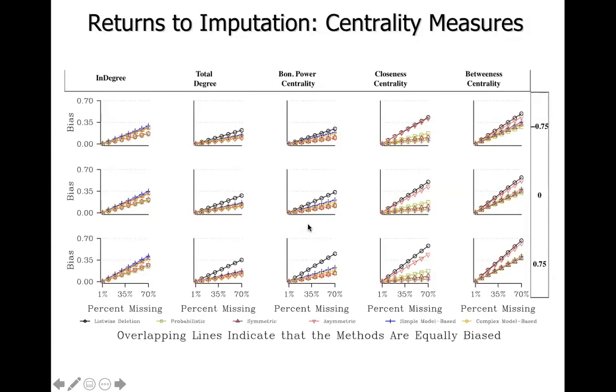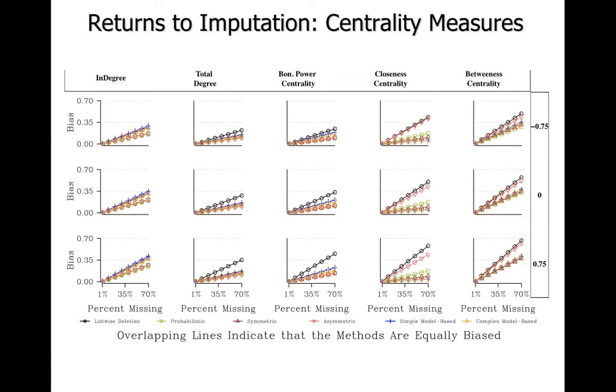And I'll just almost end by showing some past results on what happens if you used these approaches, simple imputation and model-based approaches, and compared them to listwise deletion, where you just took the non-respondents out and went with that. What are the returns to imputation in terms of reducing bias?